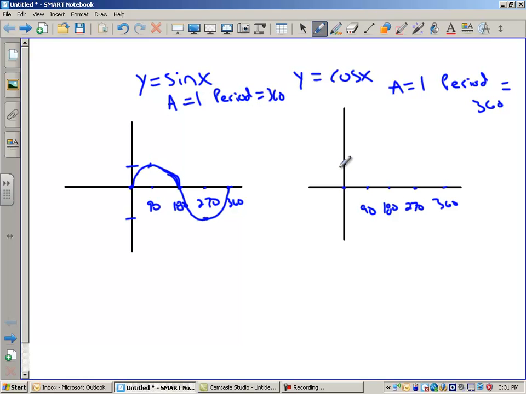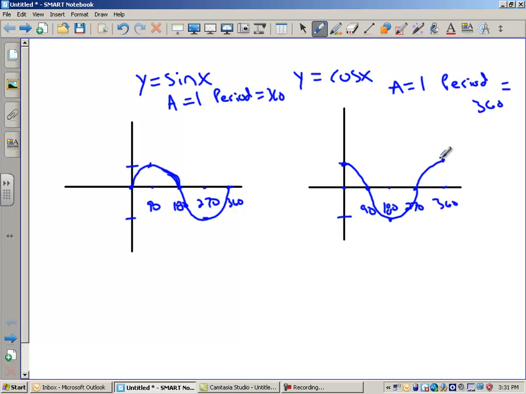Okay, and then the cosine starts at a peak. It starts up here because the cosine of 0 is 1, cosine of 90 is 0, cosine of 180 is negative 1. And so here's the basic graph for cosine. We should have figured that out yesterday, but anyway, I just want to make sure we have those basic ones.